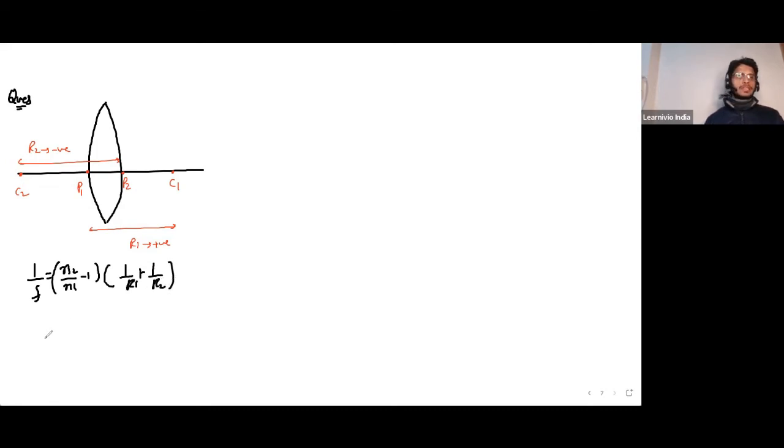Now the question says, I'm incident some rays over it. These are rays incident over here. The question says, complete the ray diagram.